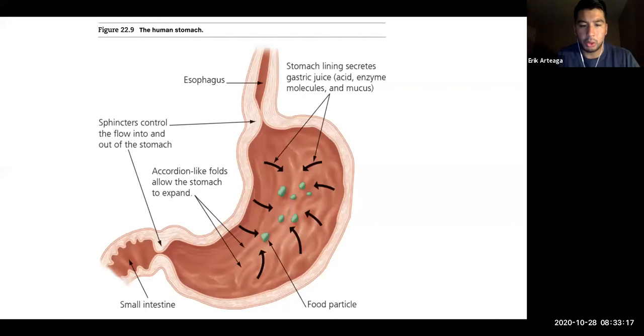So there are accordion-like folds as well, which allow the stomach to expand. So your stomach can expand quite far depending on how much you eat. Okay, so there are people that eat very little and they're full. There are some people that can consume large portions of food and still walk around just fine.